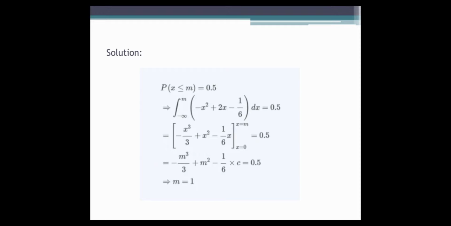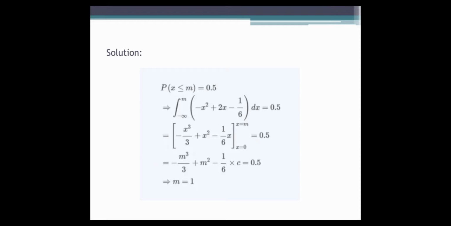Then, this is equal to negative x cubed over 3 plus x squared minus 1 over 6 x, evaluated from 0 to the median, is equal to 0.5.